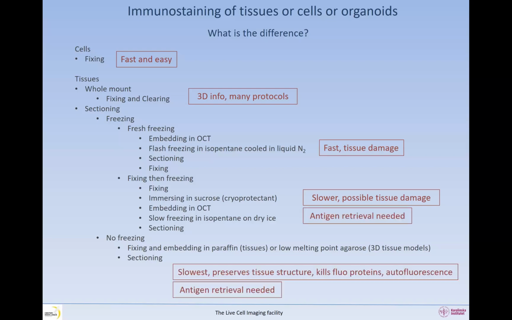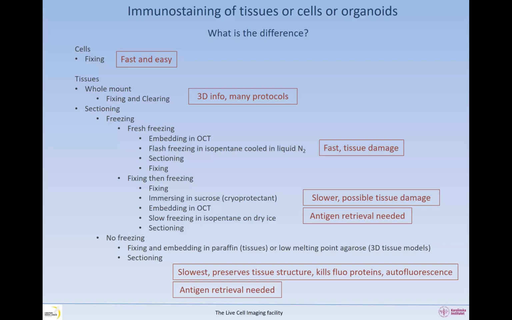First of all, the procedure is much longer, and the paraffin-embedded samples are quite often autofluorescent, and this process also sometimes kills the fluorescent proteins which are expressed as reporters in transgenic mice, for example.